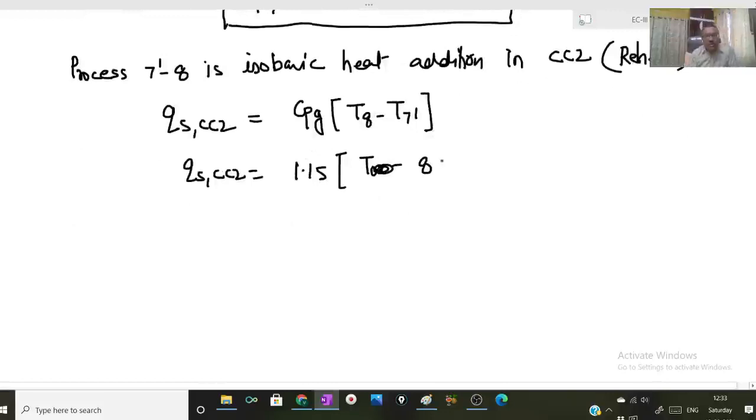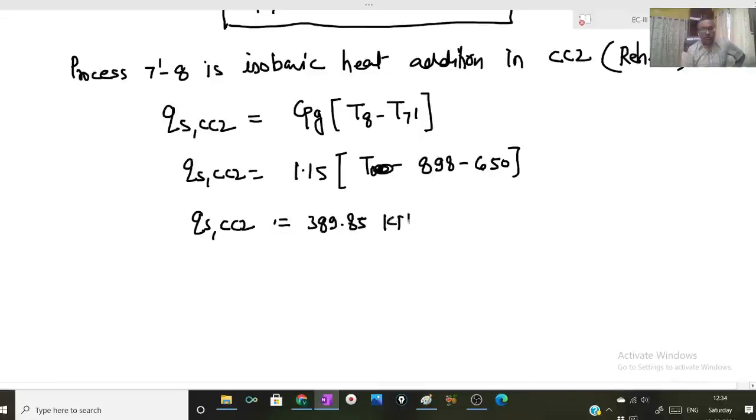T8 is 898 minus 650. So heat supplied in the combustion chamber will be given by, this value comes out 389.85 kilojoule per kg.